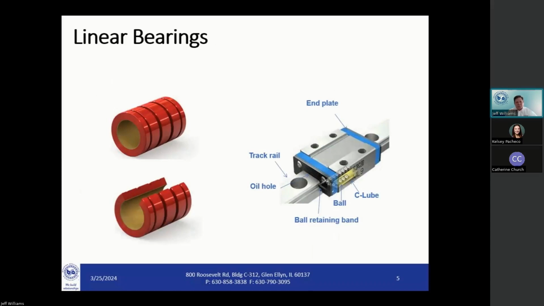This is the example we mentioned earlier of the maintenance-free, where the rolling elements pass through a tube to receive lubrication. So that aspect is addressed right within the carriage unit itself. Then you have a ball retaining band and an oil hole, in case at some point in the life of the unit you need to add oil, and then the track rail.